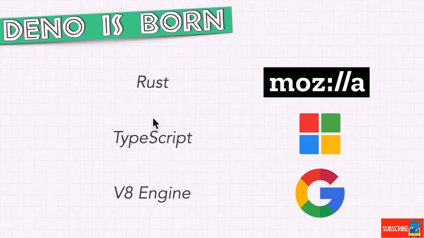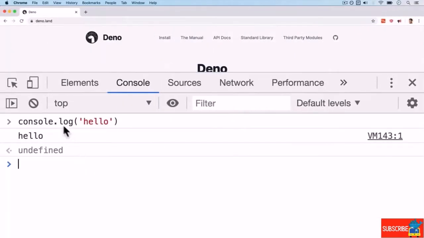It has first-class TypeScript support, so you can write TypeScript out of the box with Deno, and TypeScript is created by Microsoft. And then it uses something called the V8 engine, which Node does as well, to actually read your JavaScript. And the V8 engine is what's running the Chrome browser. It's why I was able to write JavaScript in my Chrome browser.